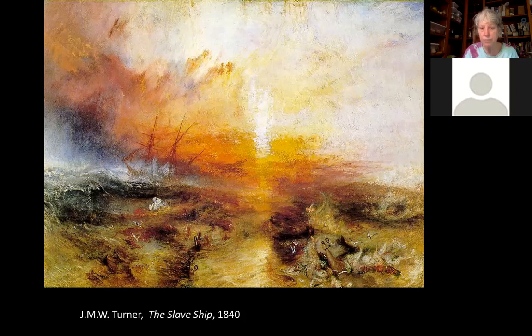The terror of the storm, the horror of throwing people overboard to be eaten by sharks, and yet there's this beautiful orange and yellow and red sky here, and this loose, visible brushwork with no real outline, no drawing, a little bit of drawing over here, but not much. So again, there's a video in the content that you should definitely watch about this painting.